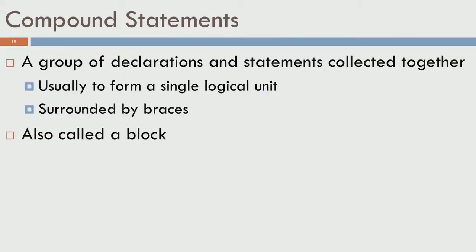The basic idea behind compound statements is that it forms one logical unit, and to say that this is one logical unit, we surround the statements that are grouped together using braces. Sometimes these set of statements within the braces are also called a block.